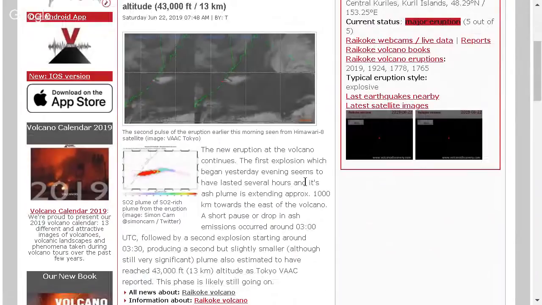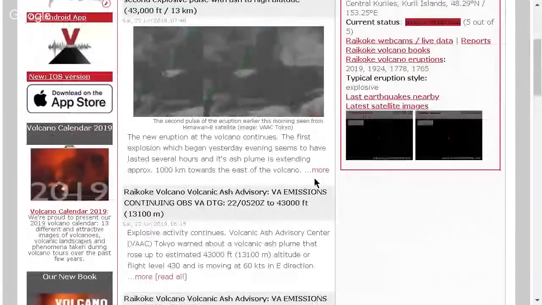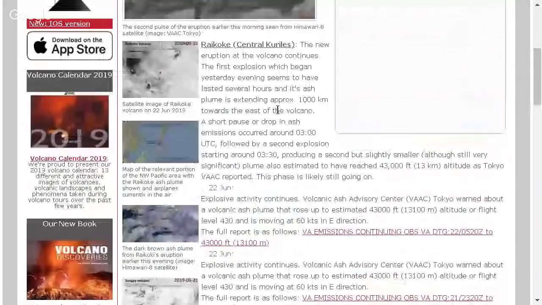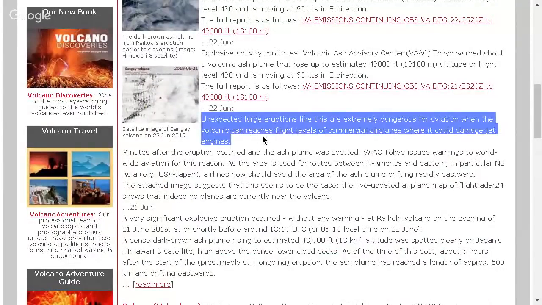Sulfur dioxide rich plume, no less. Suddenly getting added to the list, Raikoke. 43,000 foot ash plume. Don't try to pole vault that. It won't work out. Unexpected large eruptions like this are extremely dangerous for aviation when the volcanic ash reaches flight levels of commercial airplanes, where it could damage jet engines.